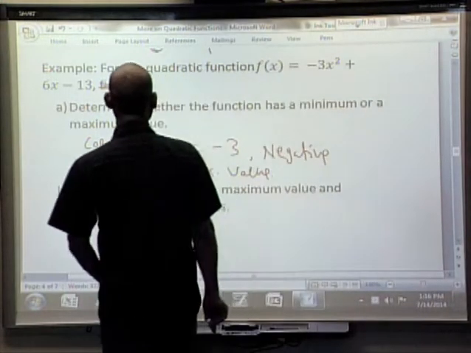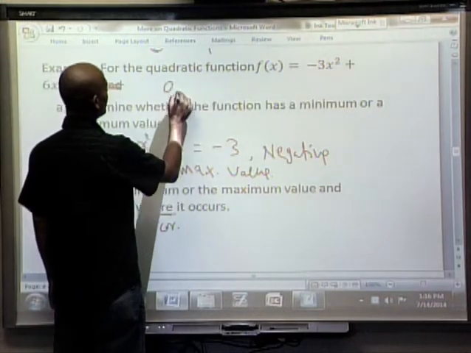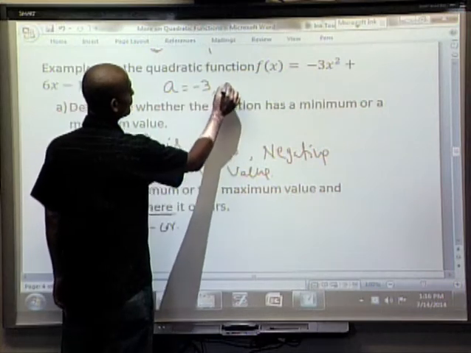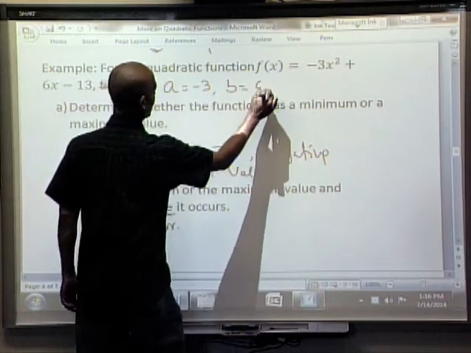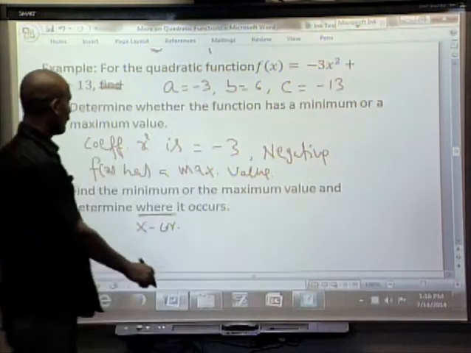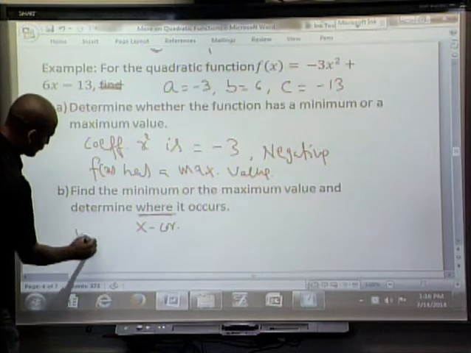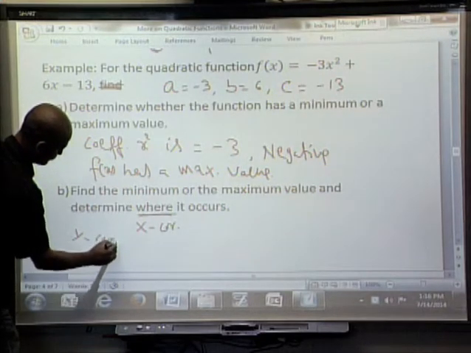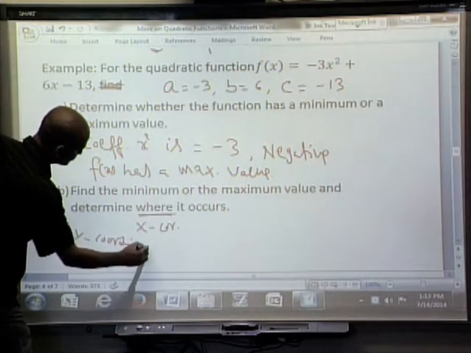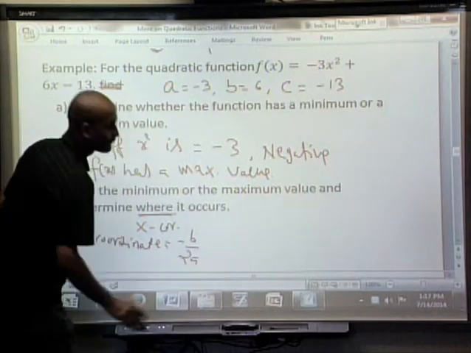In order to identify the vertex of a parabola, recall we need a, b and c. Here a is -3, b is 6 and c is -13. Now, the x coordinate of the vertex is given by -b by 2a.